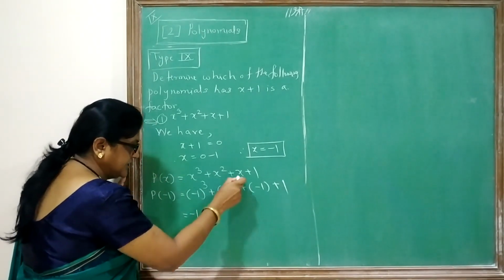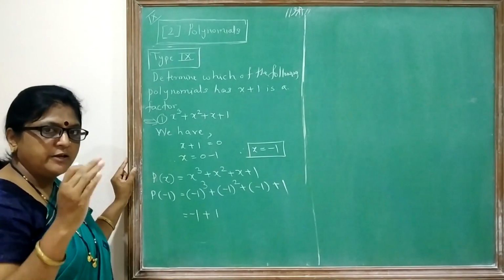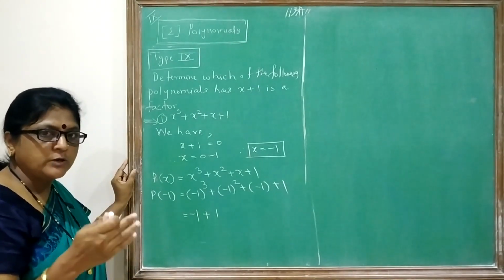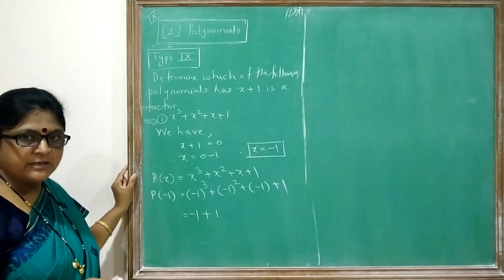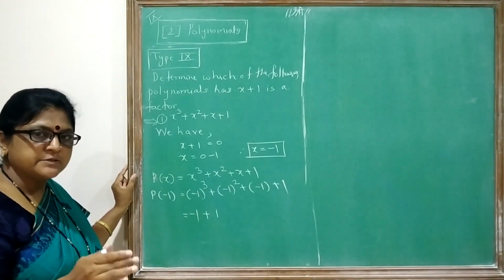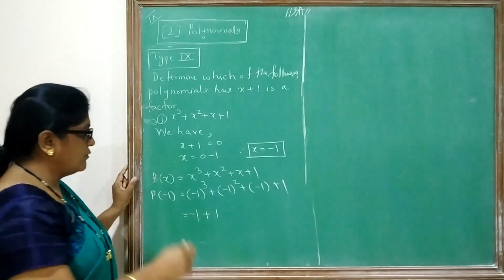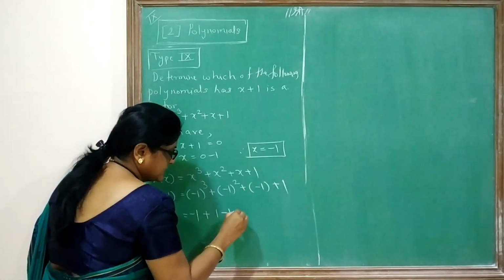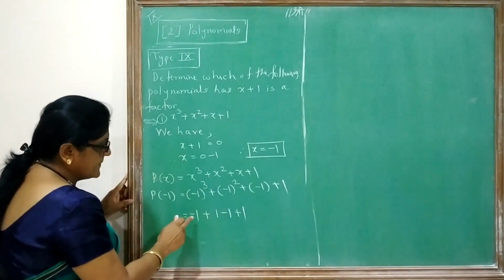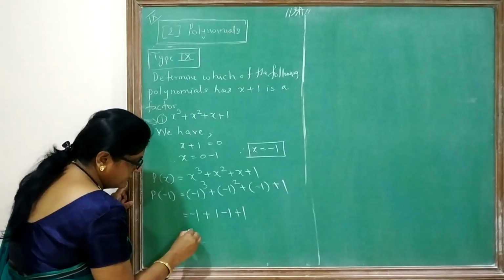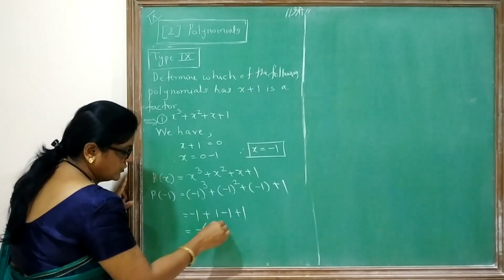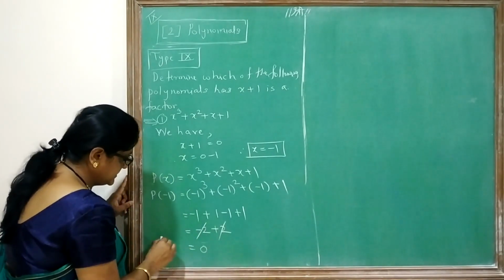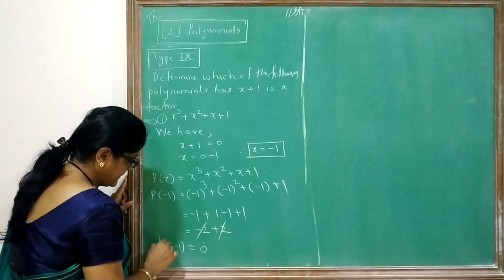Minus 1 square is plus 1, because minus 1 into minus 1 multiplied 2 times gives plus 1. Minus 1 multiplied 3 times gives minus 1. Then plus minus 1 plus 1. Minus 1 minus 1 will be minus 2, and 1 plus 1 will be 2. Then they cancel, and your answer is 0.